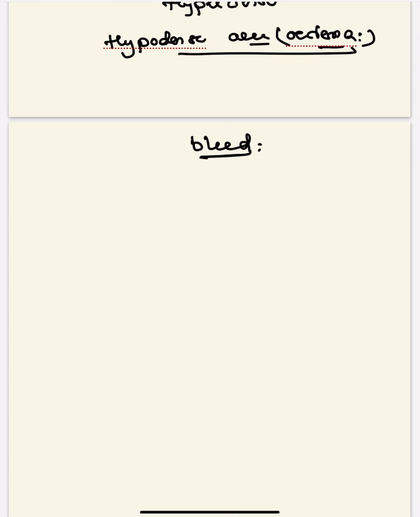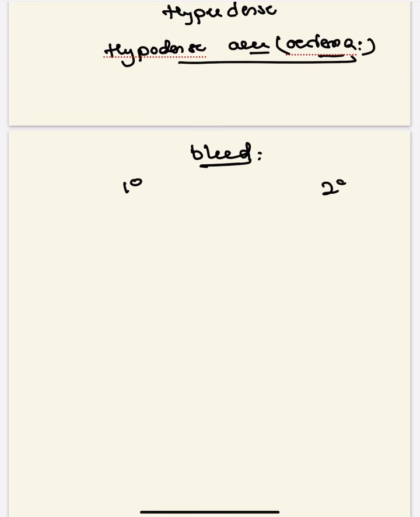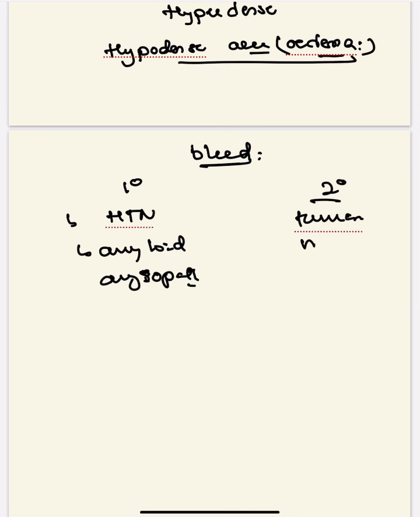Now the question comes: whenever you are interpreting a bleed in a CT scan, you have to ask whether it is a primary bleed or a secondary bleed. How to differentiate them? Primary bleed is almost always due to hypertension and amyloid angiopathy, while secondary bleed is because of underlying structural lesions like tumor, metastasis, transformation of ischemic stroke to hemorrhagic one, venous thrombosis, or other abnormal conditions.